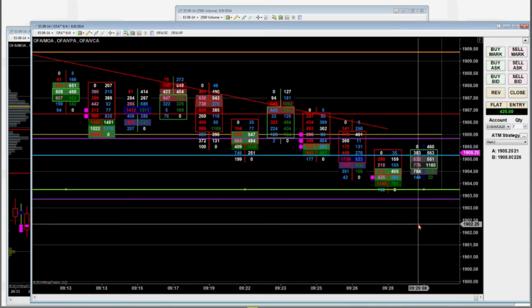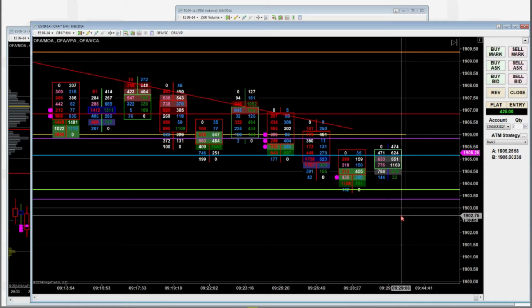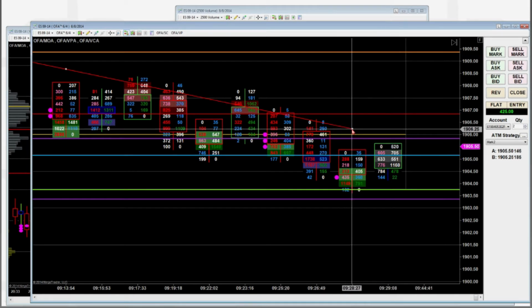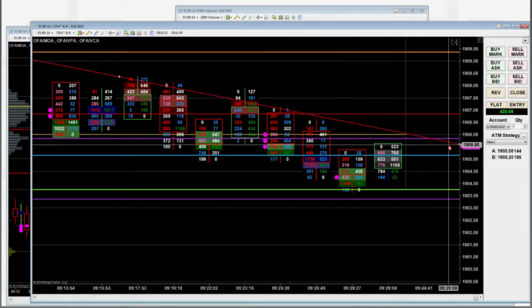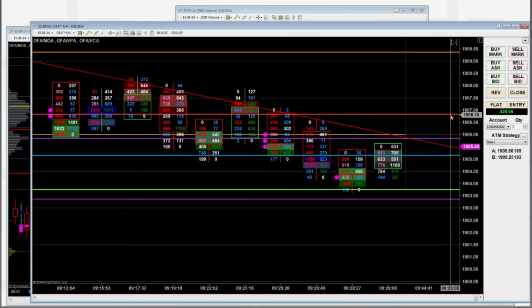Okay, our IB is set. Here's VPOC today, 1906. I suppose I could extend this. I will show you the other settings in this 6-4 chart.